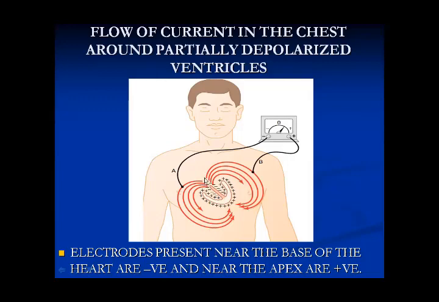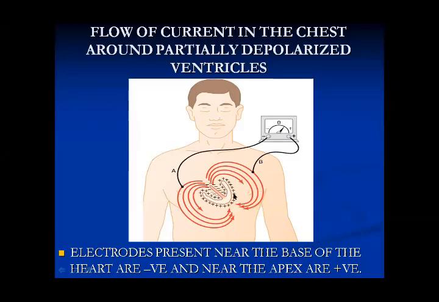So if we see this, we can see that the major flow of current in the heart is from the base, that is here, to the apex, that is here. It is from base to the apex, right?